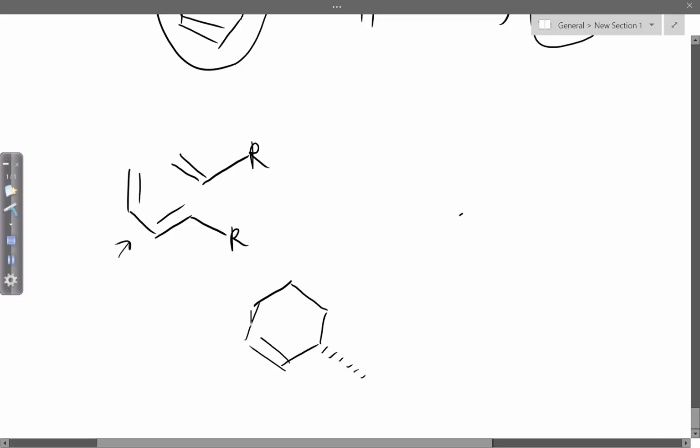So this can either be like that or like that, doesn't matter, right? So now I just have to find out if the final product gives me this geometry at this connection or this geometry, because either one is acceptable. Alright, so does it give either this or this?